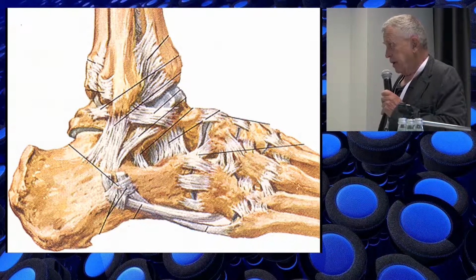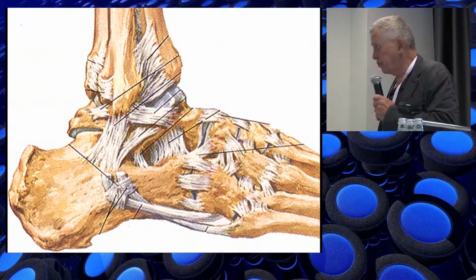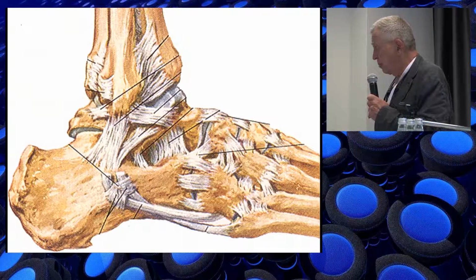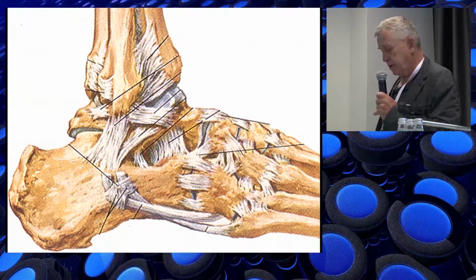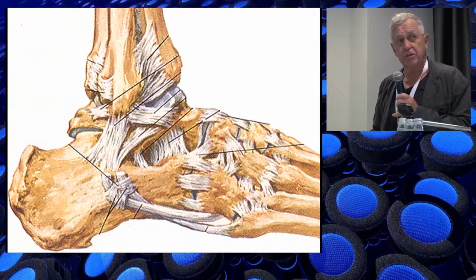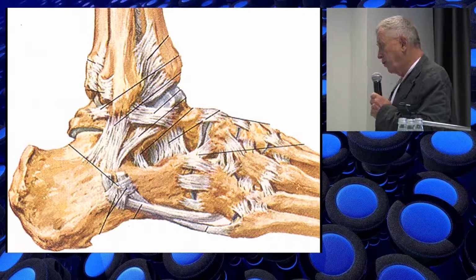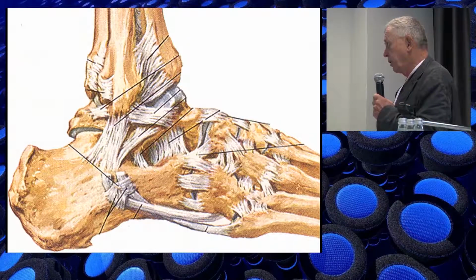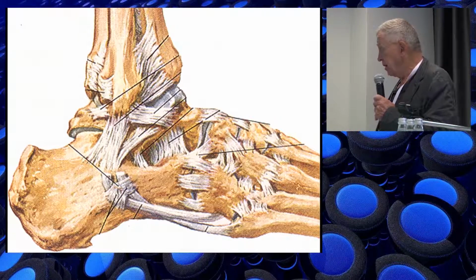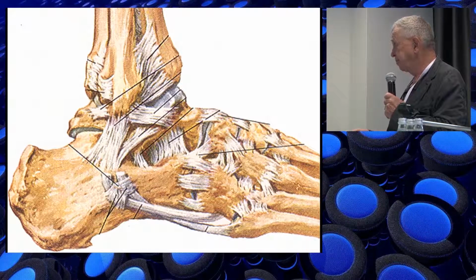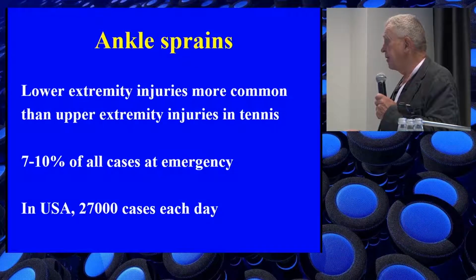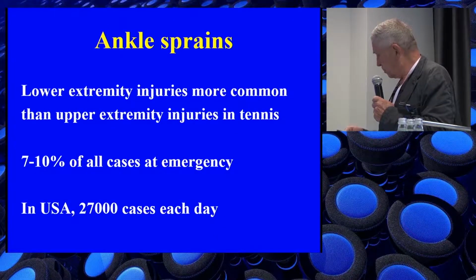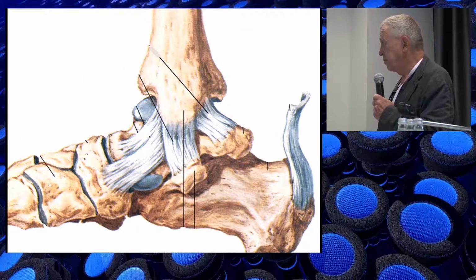And when it comes to soft tissue troubles in the foot, it's almost always the ligaments that are deranged first, which gives an instability to the foot, and that's why you have to treat in the first place the ligament apparatus. This is the lateral side, and this is the medial side.